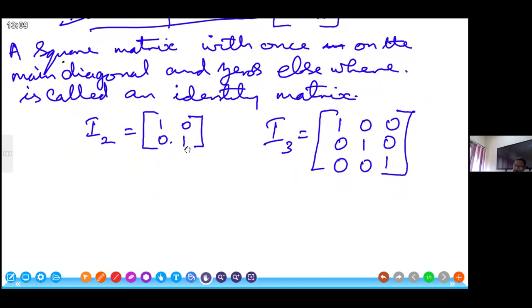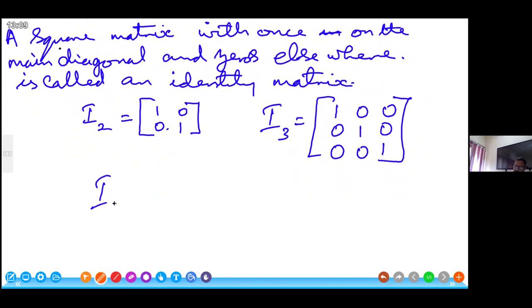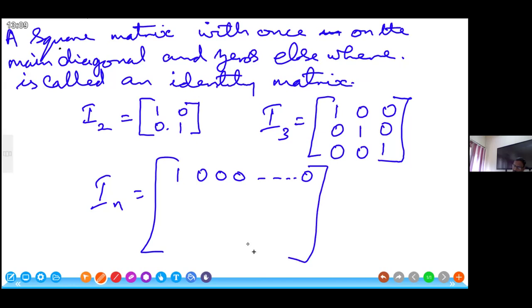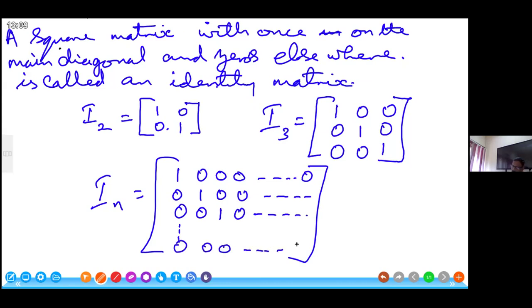Similarly, we can expand this for In: 1, 0, 0, then 0, 1, 0, 0, then 0, 0, 1, 0, and so on, then 0, 0, 0, 1 at the end. So this is an n into n matrix. Right? So this is how we indicate the identity matrix.